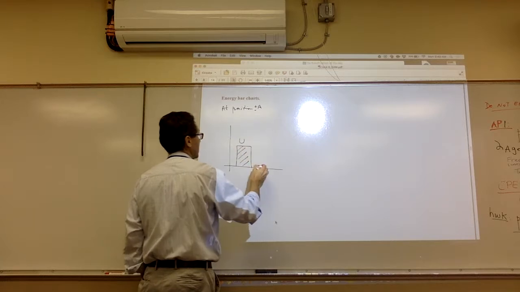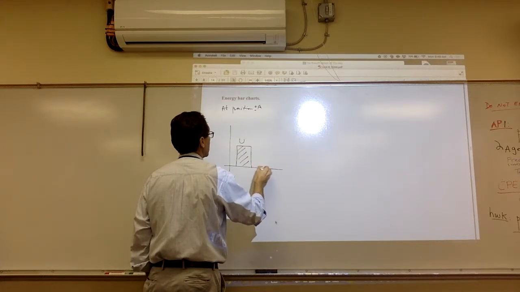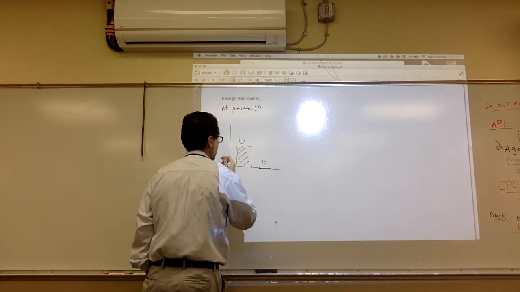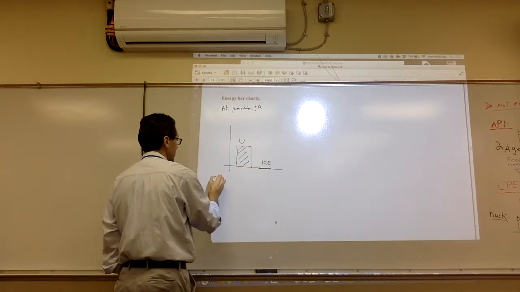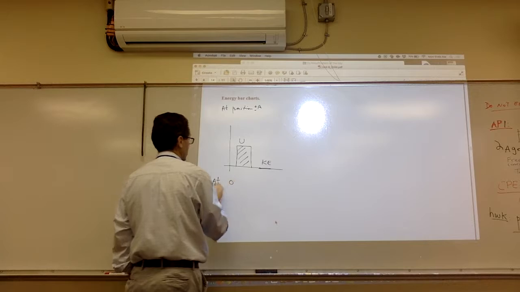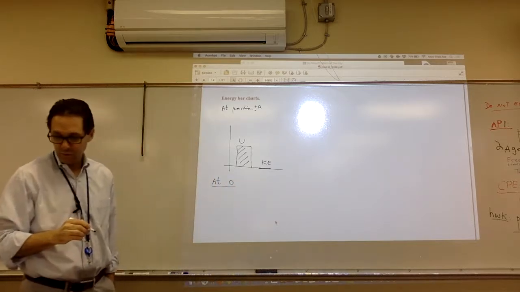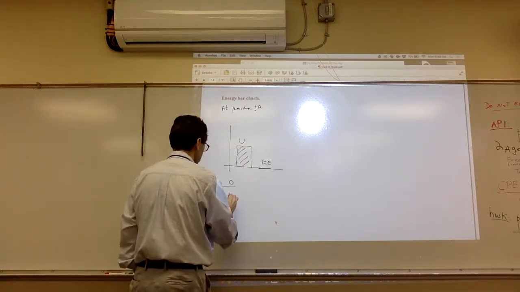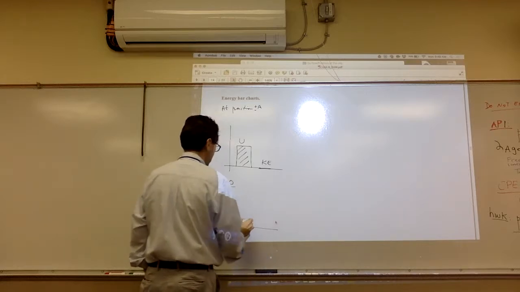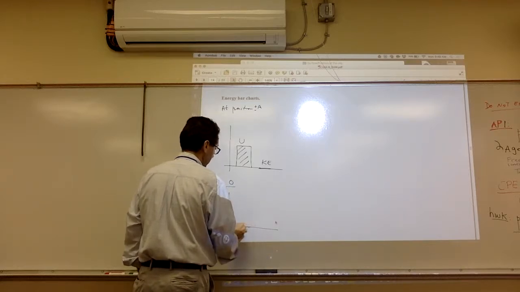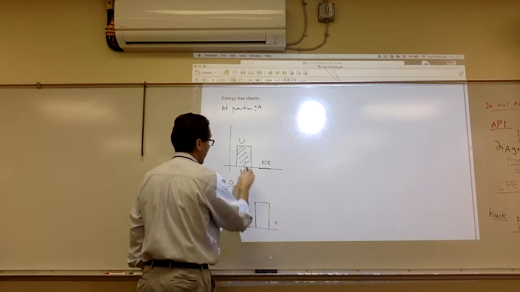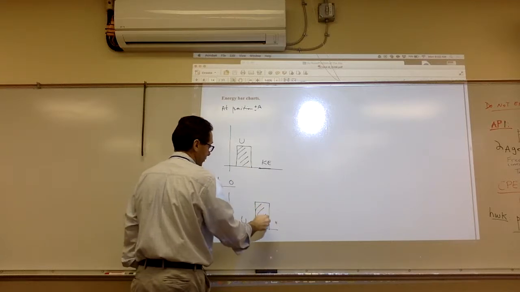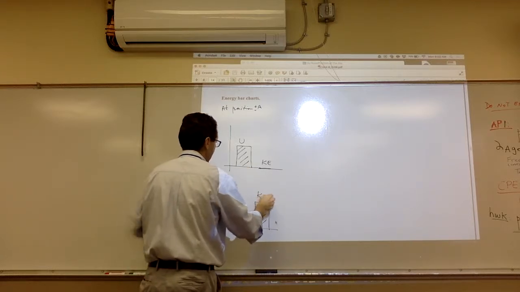So this is U, and there is no kinetic energy here. Now let's see what happens at 0, in the middle, at the equilibrium position. It should look like this. There is no elastic potential energy because you are not compressed or stretched, and all that energy you had up here is in the form of kinetic energy now.